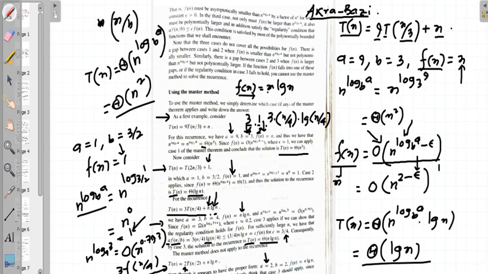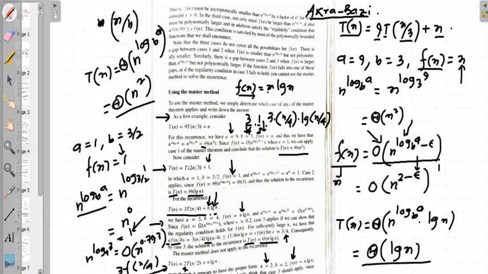And what is n to the power log a base b? Log 2 base 2 is 1, so that means n. So you see f(n) is n log n, and n^(log_b a) is n.